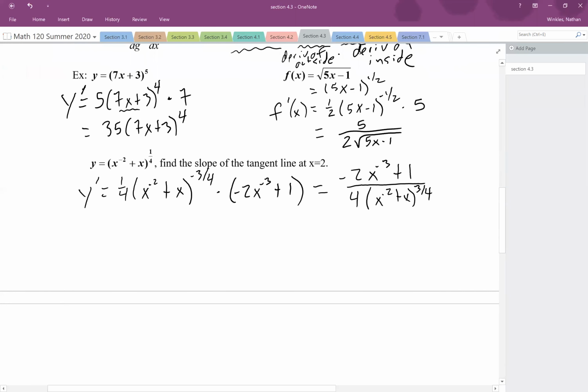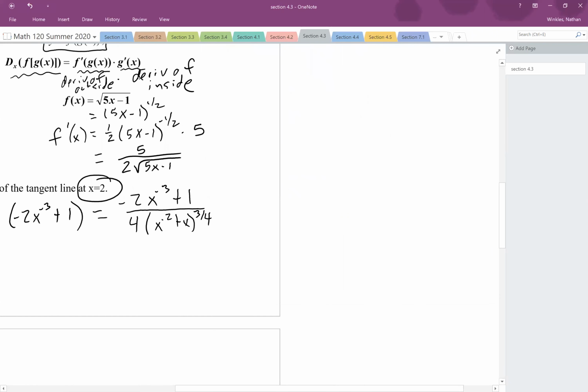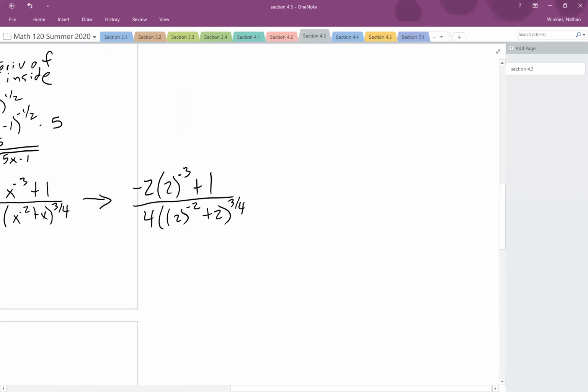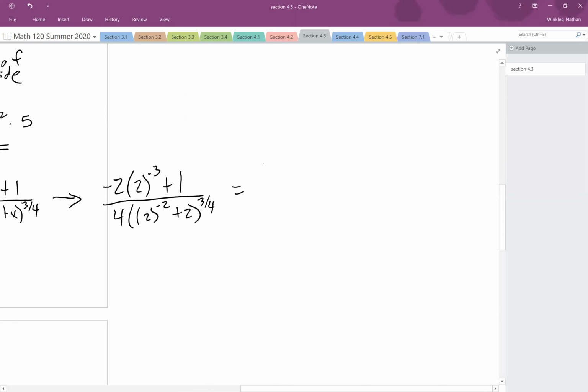At this point right here, we want to go ahead and plug in 2 for our x value. So negative 2 times 2 to the negative 3rd plus 1 over 4 times, sorry, not negative, 4 times 2 to the negative 2 plus 2, all raised to the 3/4. So we have negative 2 over 8 plus 1 over 4 times 1/4 plus 2 to the 3/4.